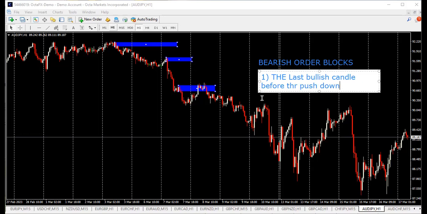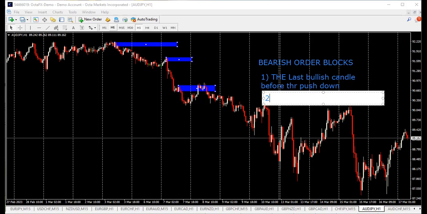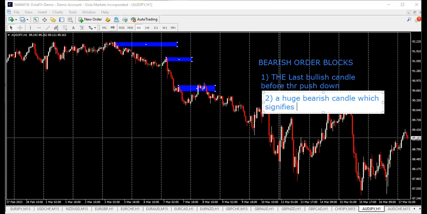Then number two, you want to look out for a huge bearish candle which signifies a huge amount of money by the banks. So you can also use this for a bearish order block.